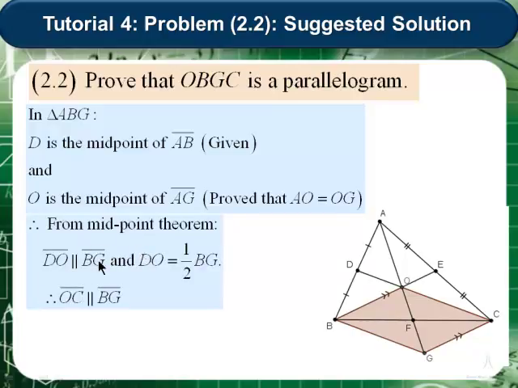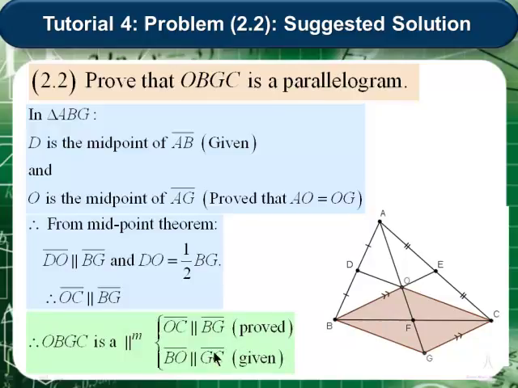So this is exactly what I've written here. From the midpoint theorem, knowing that D and O are the midpoints of sides AB and AG, we know that line segment DO is parallel to line segment BG, and that DO is equal to half of BG, which we don't need at this stage. But the important thing is we can say that line segment OC is parallel to line segment BG.